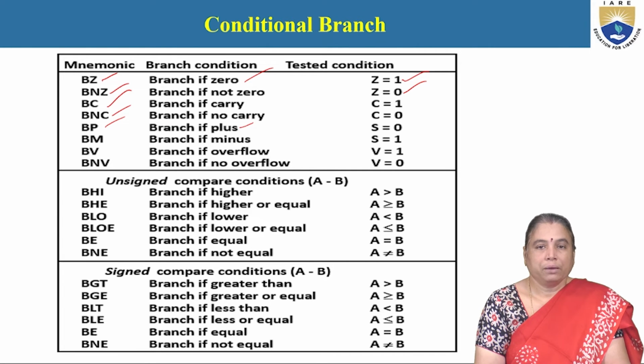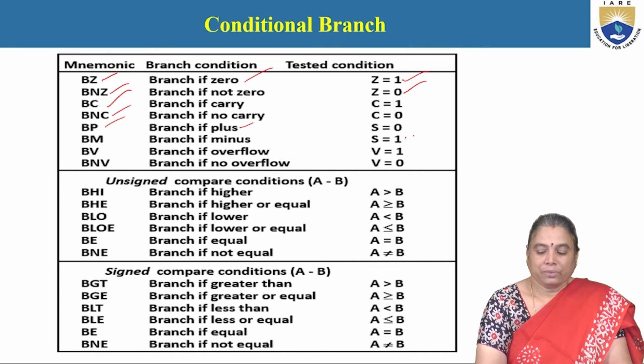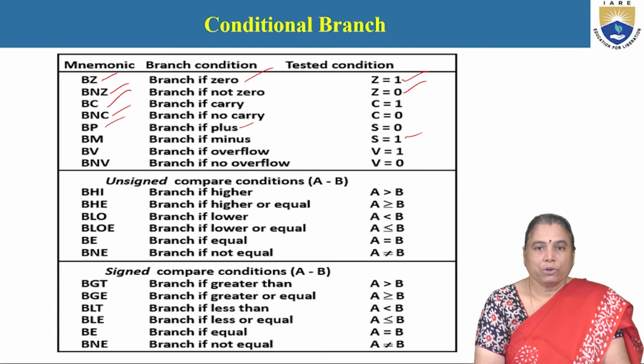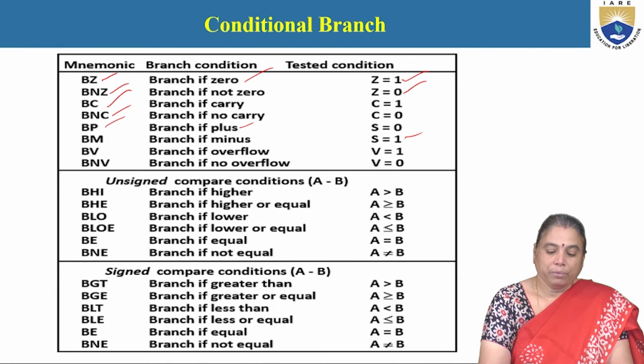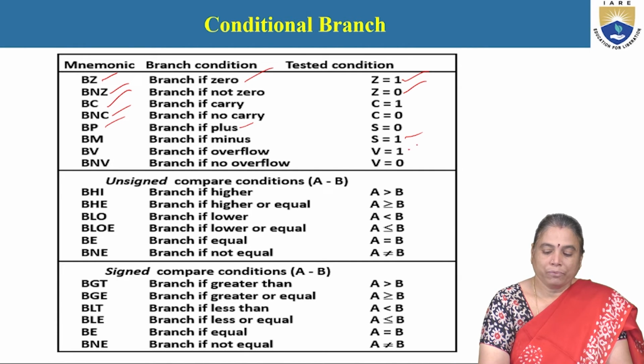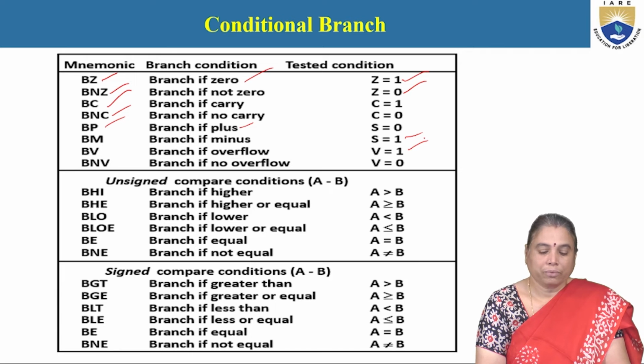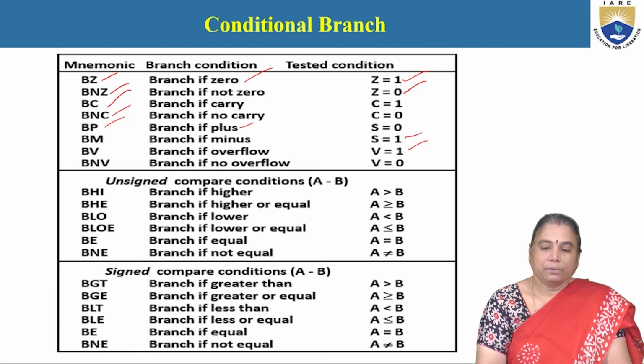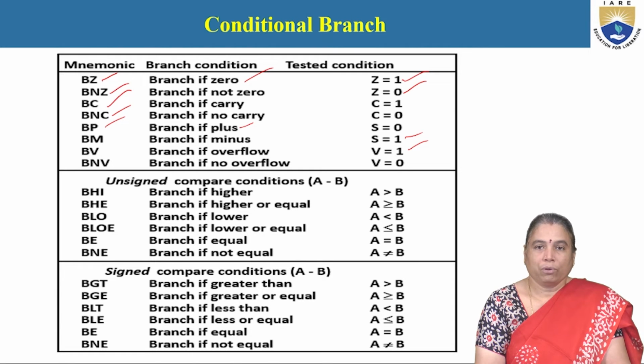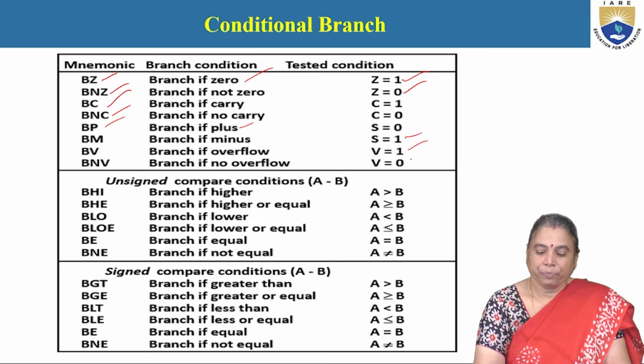Next is BM, branch if minus. If S is equal to 1, then the branch can take place. Next, depending upon the overflow flag, BV, branch if overflow, when the V bit is set to 1. BNV, branch if no overflow, when the V bit is set to 0.